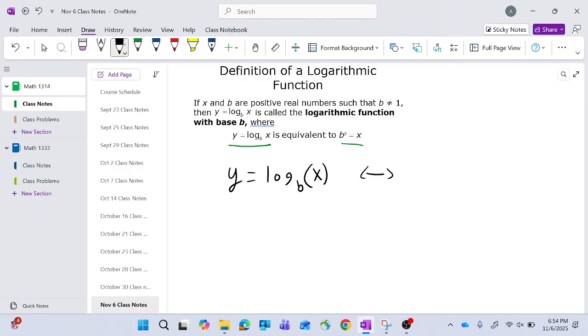The base of the log is the base of the exponent. And then because the x and y's flip, because they are inverses of each other, they flip on different sides of the equal sign. So the base stays the same. The b and the x were together, but now they're going to flip. That's what works in my head. The base of the log is the base of the exponent, and then you flip the x and y's. So the x was with the b, well, now the y is with the b. b to the y equals x.